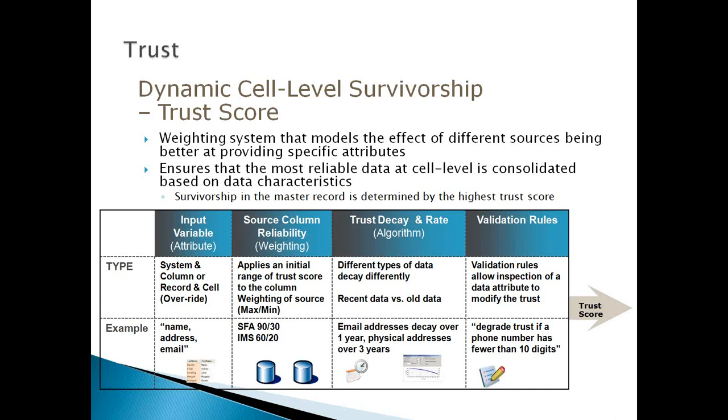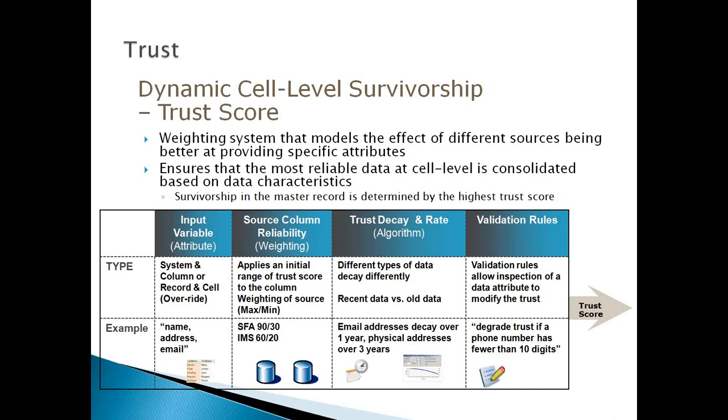Based on the logic we had given, that phone number less than 10 digits is downgraded by 50%. In what we discussed earlier, only the SFA system was giving me bad data. So if I reduce by 50%, SFA will be 45, IMS will be 60. So IMS will get promoted into the master record.